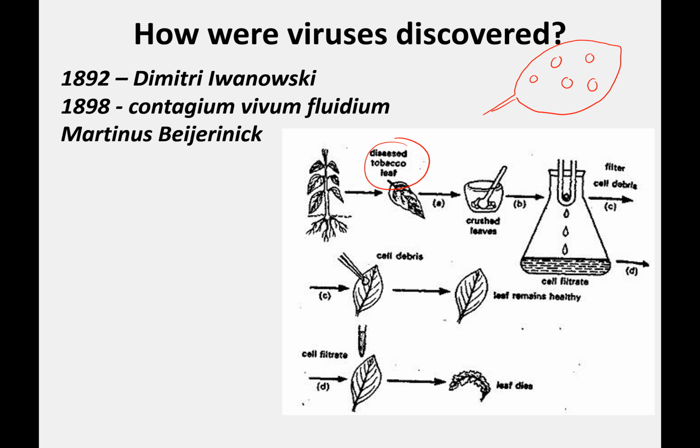And so what these scientists did was they took these diseased tobacco leaves and they crushed them up and made it into this slimy liquid, which is called sap from a plant. And then they put it through a filter. Okay. And the filter would, let me write this over here.